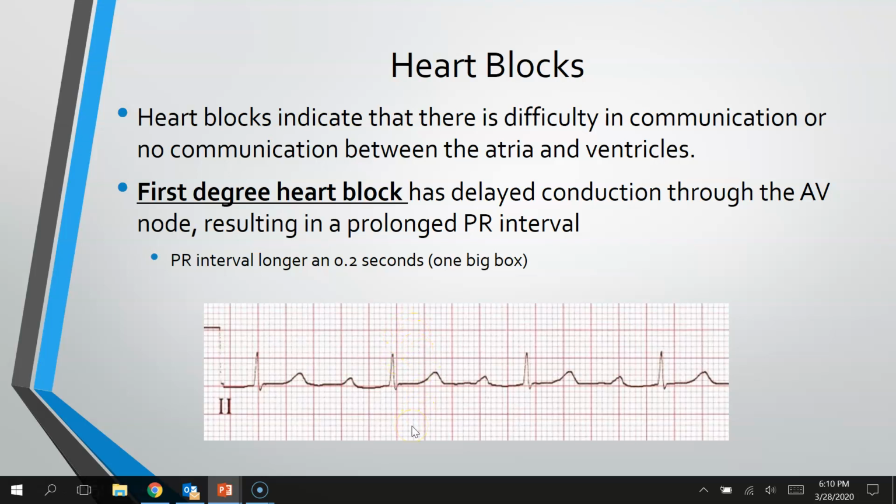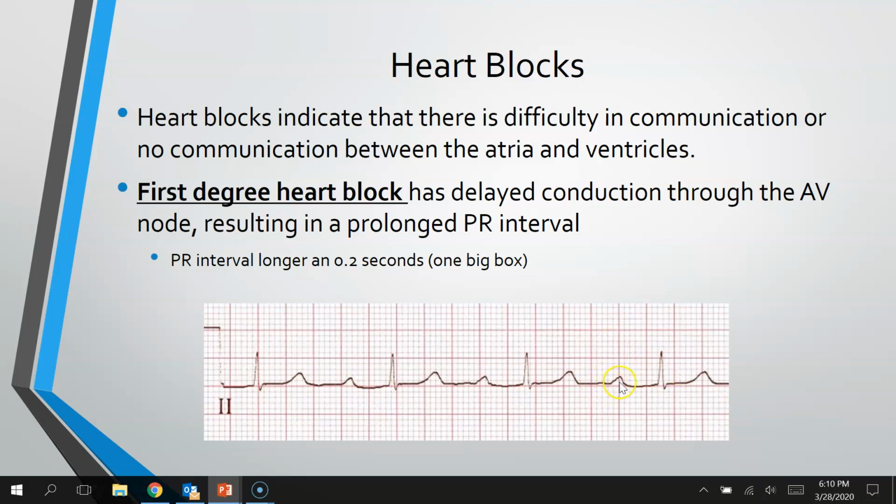So when we see that PR interval, we're going to see the P wave, and then we've got that break, and then the QRS to the T. So we're going to look from the beginning of the P wave to right before the Q wave fires. This should not be longer than one box. If that is, that's considered a first-degree heart block.